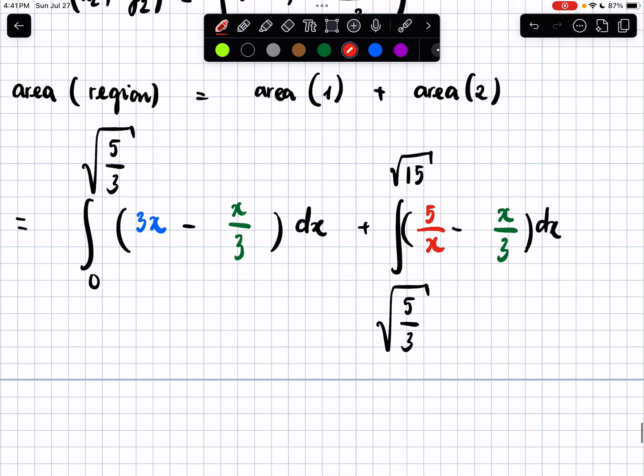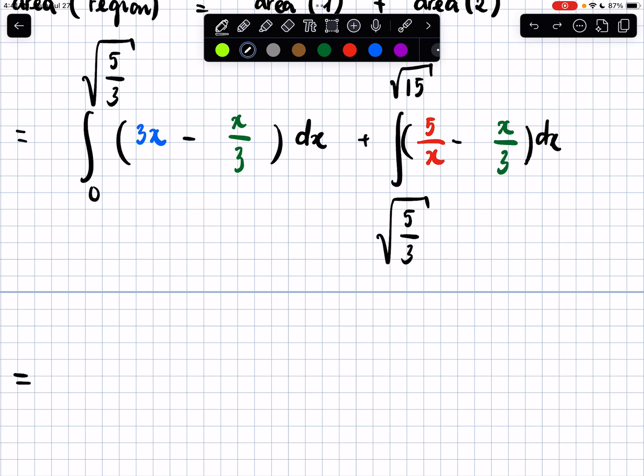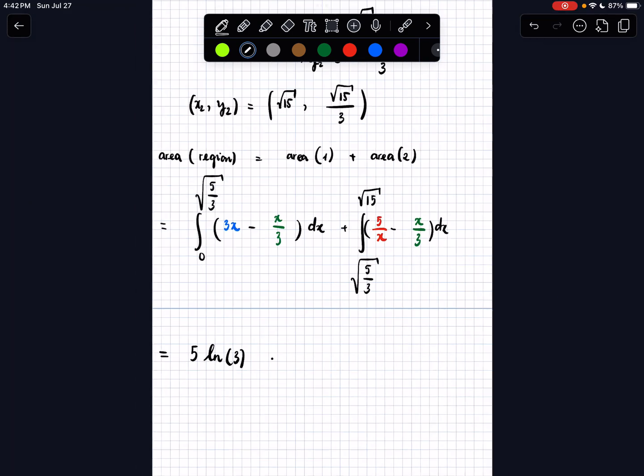So here's the formula. Now we just need to do the computation. So the answer should be 5 times natural log of 3. So this is the area of the region.